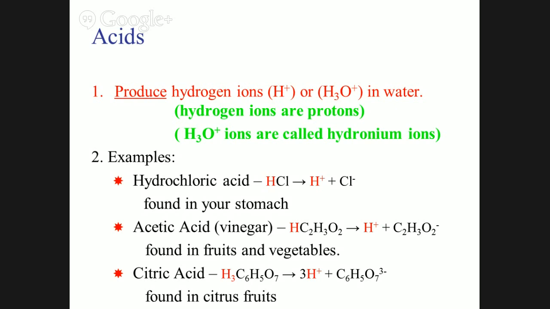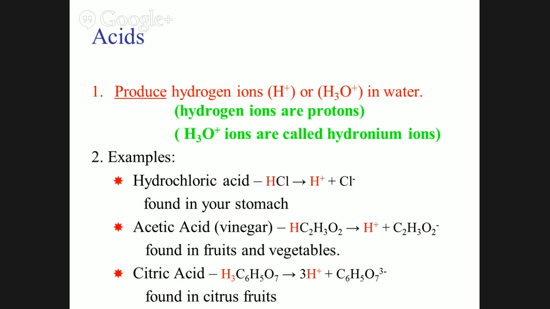Here are some examples of acids. Hydrochloric acid, which is found in your stomach, HCl. Acetic acid, vinegar, found in fruits and vegetables, some types of salad dressing. Citric acid, found in citrus fruits. Notice that in every case that you've been shown here, there is an H in front.